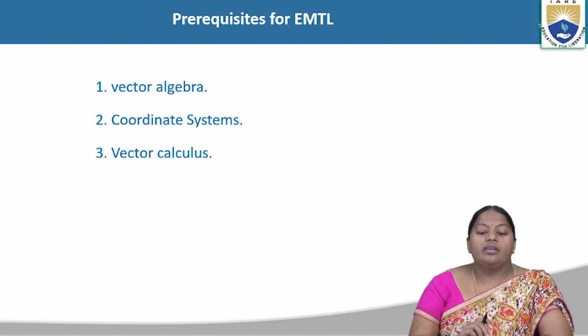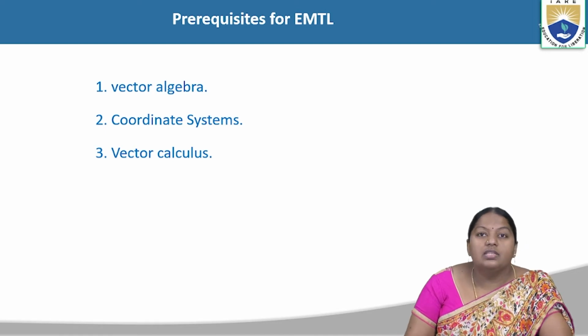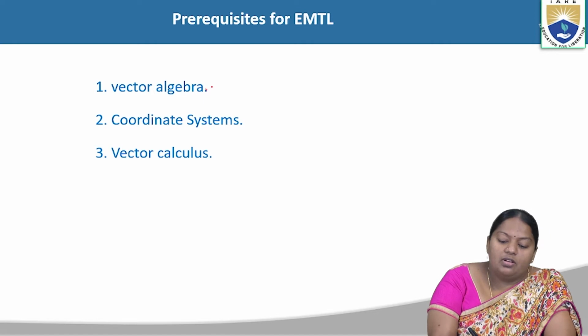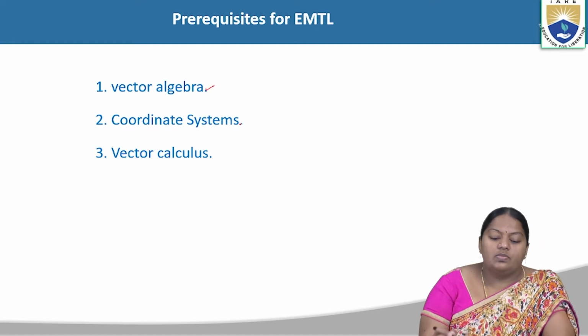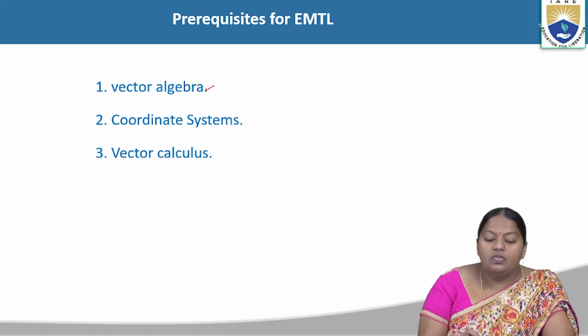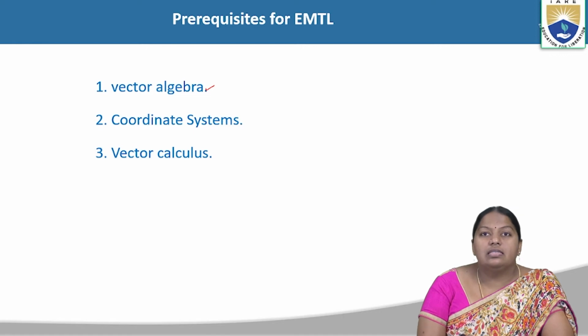Now, there are three prerequisites for electromagnetic waves and transmission lines. The first is vector algebra and coordinate systems, followed by vector calculus. In this lecture, we will learn about vector algebra followed by coordinate systems.